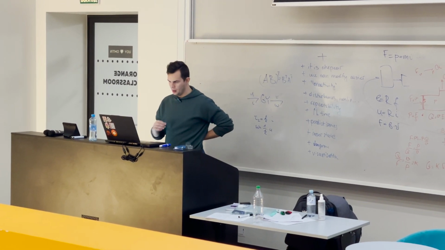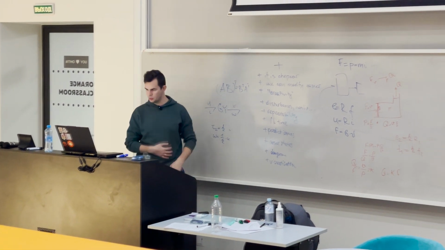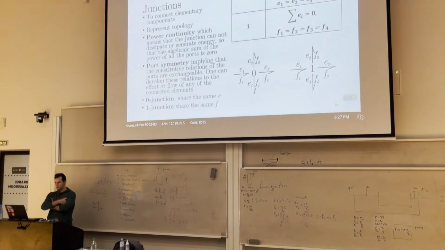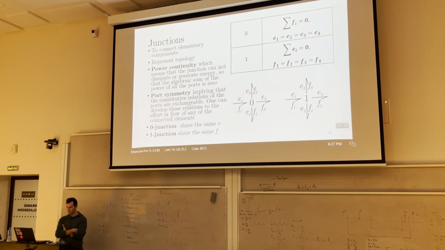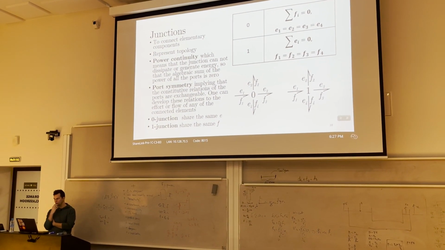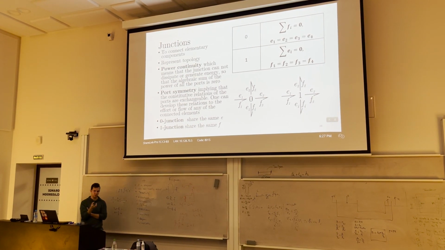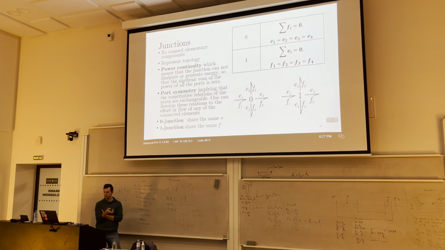Okay. And the final thing that we need to cover are junctions. It's like if we have in the node all forces are the same, or all voltages are the same.